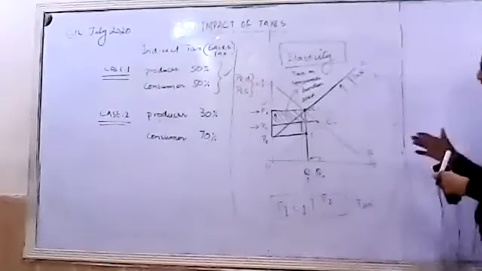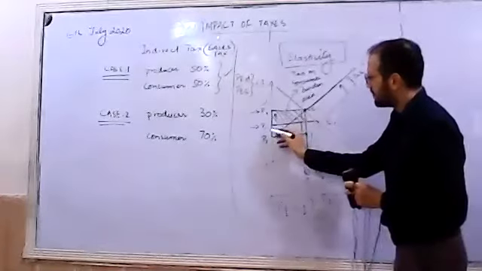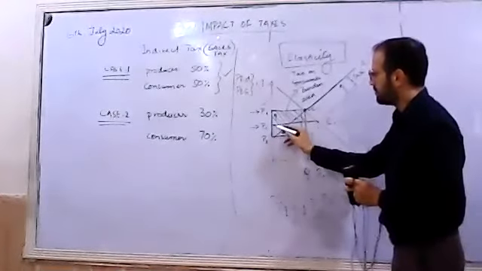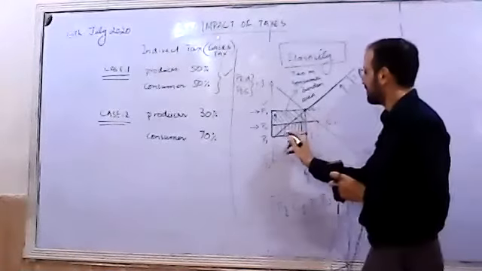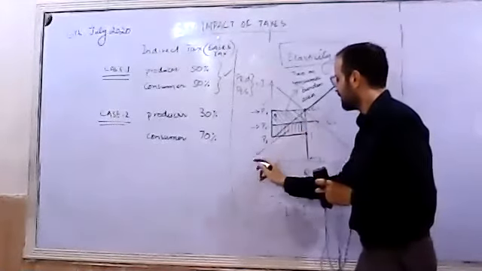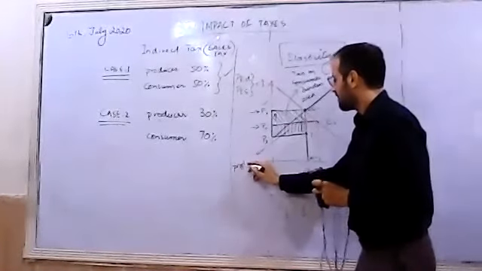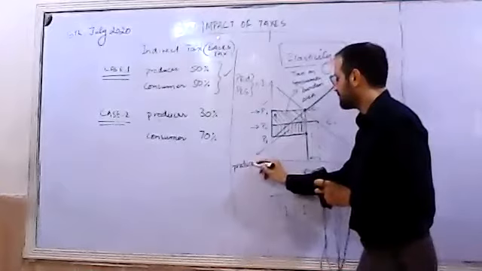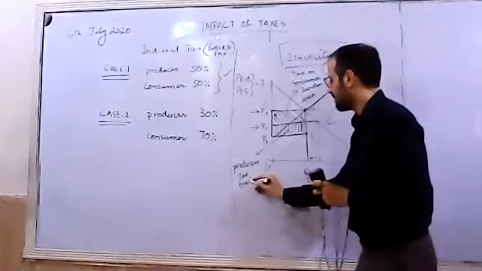Now this is the burden which the consumer is going to pay. And if we see the price below the equilibrium, P0 to P2, this area which I'm shading vertically is going to be known as the producer's tax burden area.